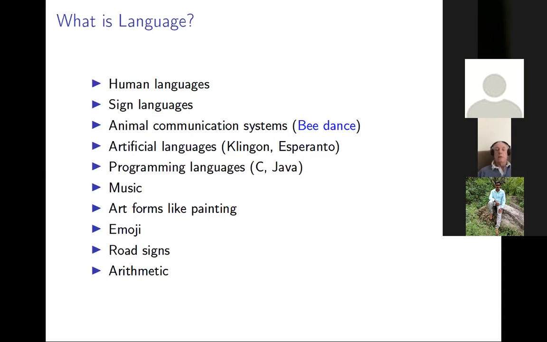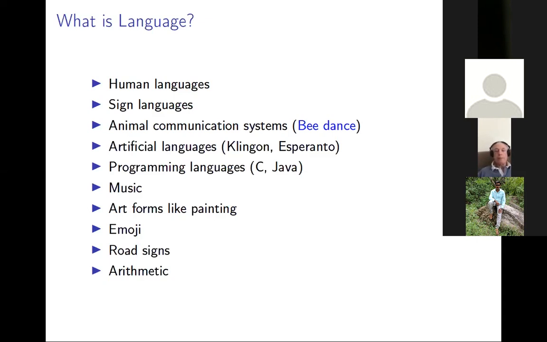This is actually a very controversial point. Does emoji constitute a language? Can you put emojis together to create new patterns? And can you create new messages through combinations of emojis? Some linguists say that emoji is not language, and some say that it can be treated as language.